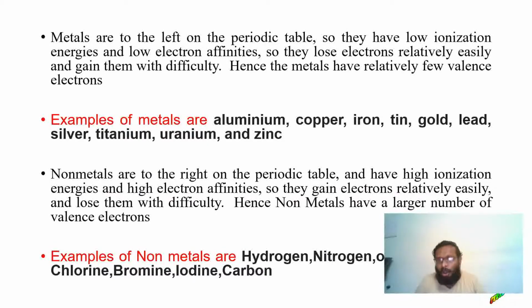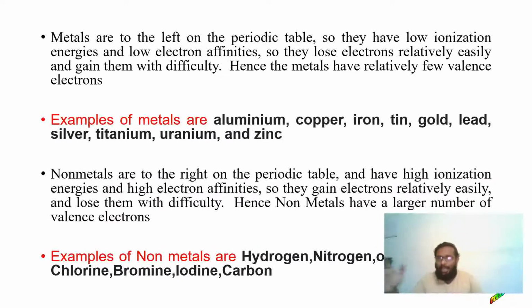But in the case of non-metals, it is exactly opposite to that of metals. According to the periodic table, non-metals mostly occur in the right part of the periodic table, which has high ionization energy. I already told you that the elements in the periodic table are arranged based on the ionization energy and the number of valence electrons.